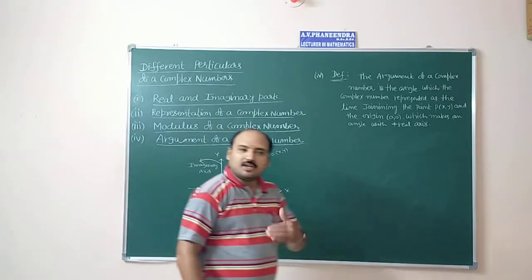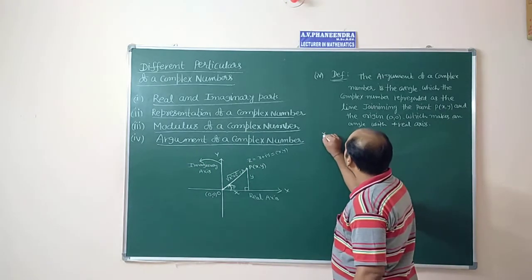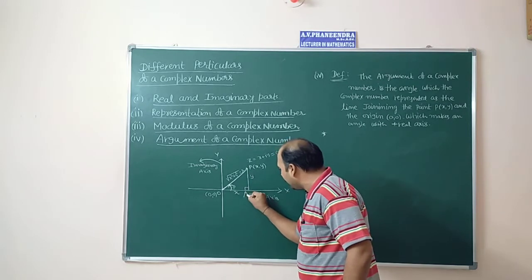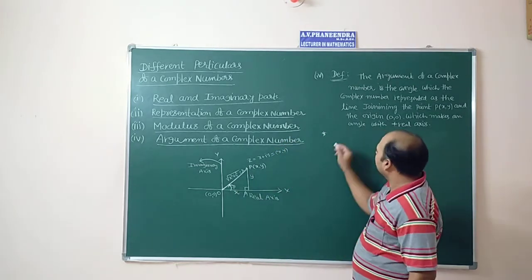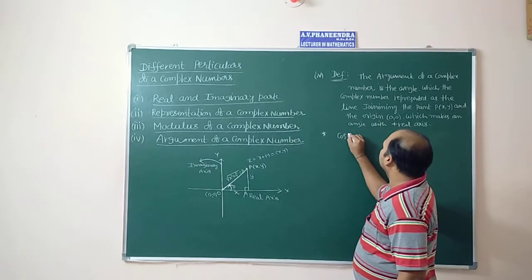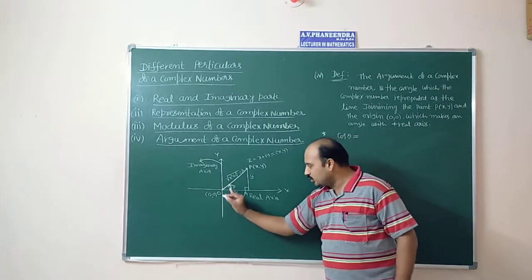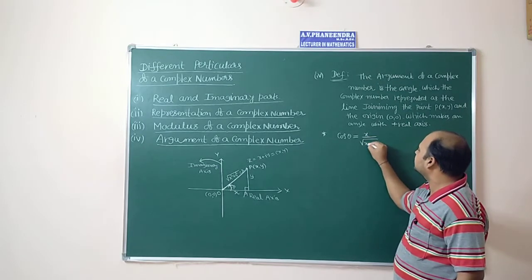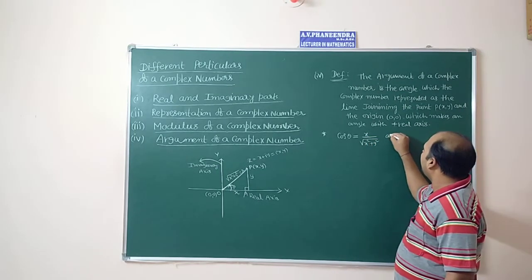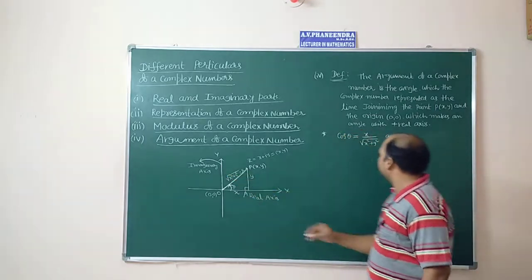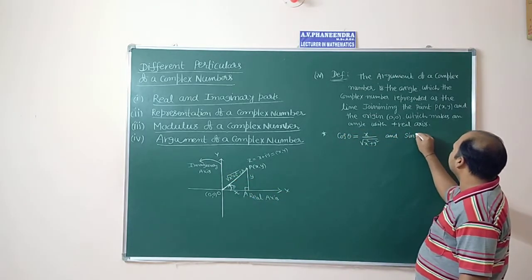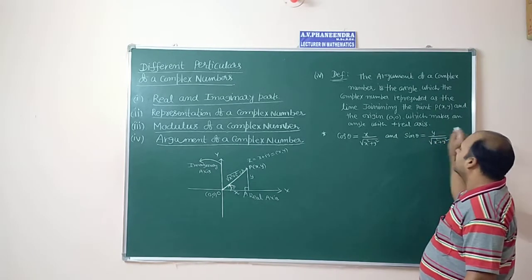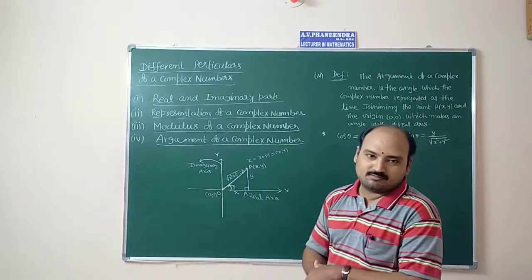From this triangle OPA, we can calculate cos theta. Cos theta is equal to adjacent side by hypotenuse, x divided by square root of x square plus y square, and sin theta is equal to y divided by square root of x square plus y square. So what is the need to calculate sin theta and cos theta?